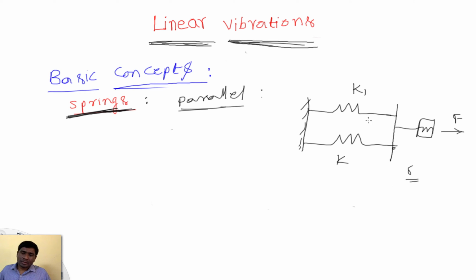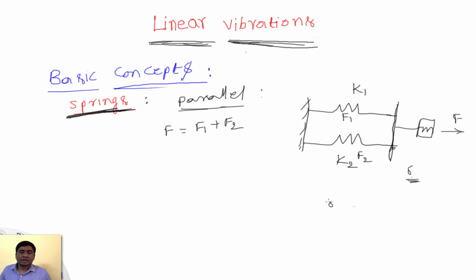But here the displacement in both springs is the same, because both springs are connected to this rigid body, which always stays vertical, so it causes the same amount of displacement in both springs, but the force is divided between these two springs. For example, here the force is F1 and here the force is F2. So total force F equals F1 plus F2, but delta is the same in both cases.